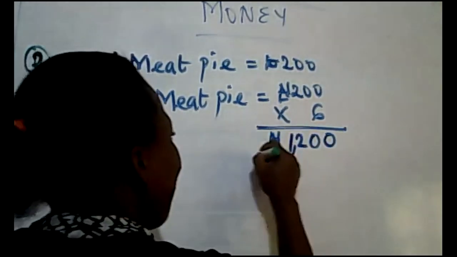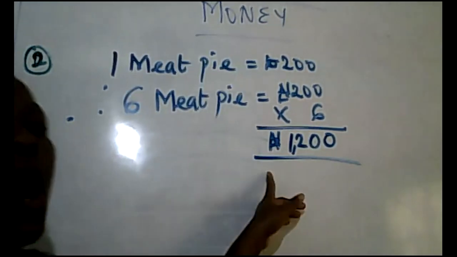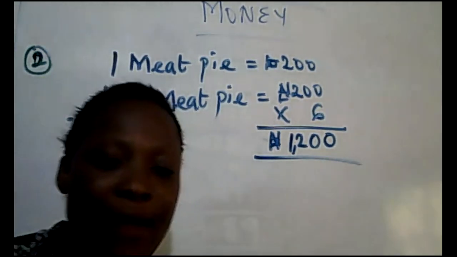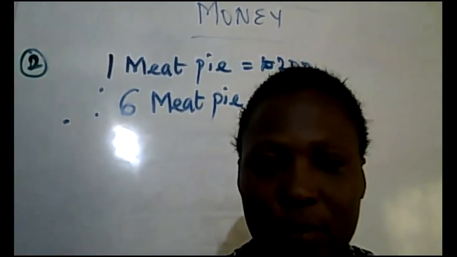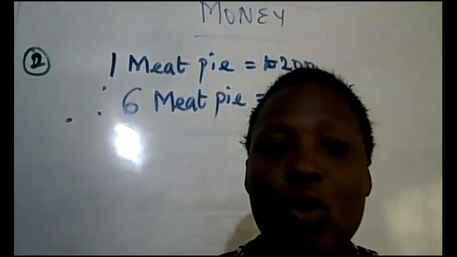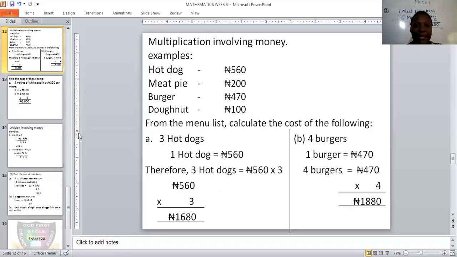So the amount you are paying for 6 meat pies is 1,200 naira, if one meat pie goes for 200 naira. Now, let's move to the next one.